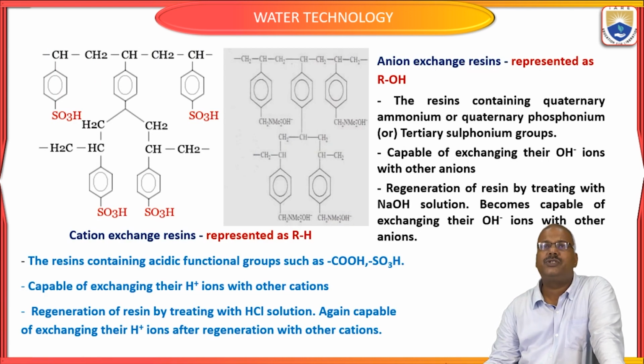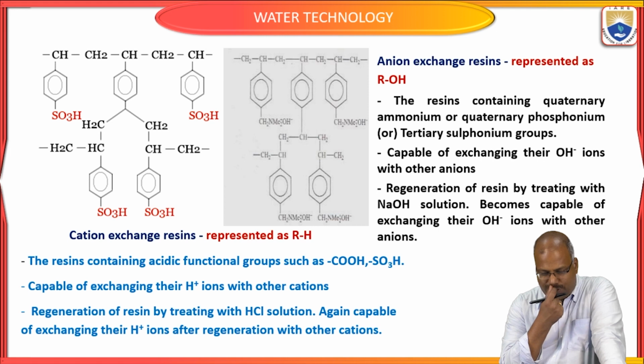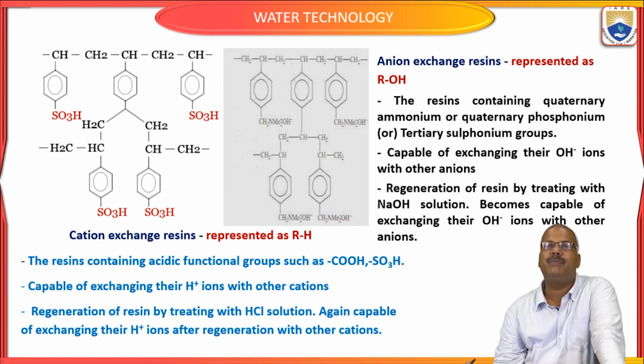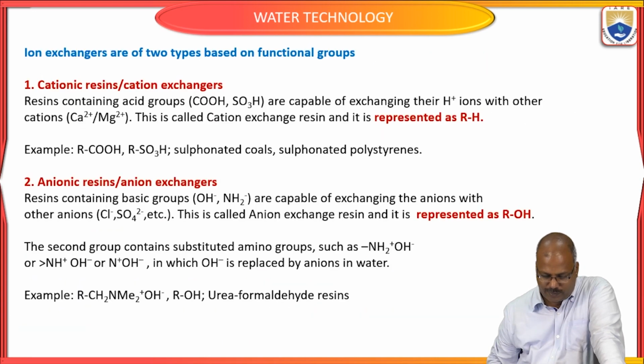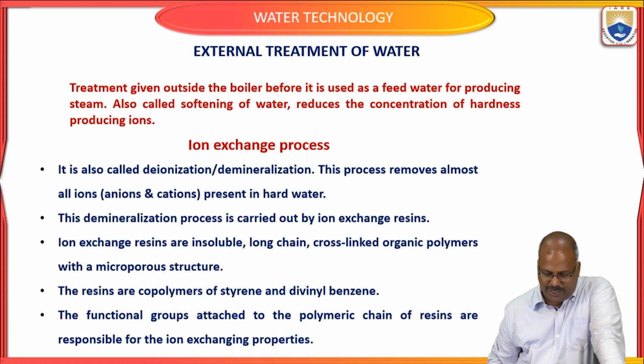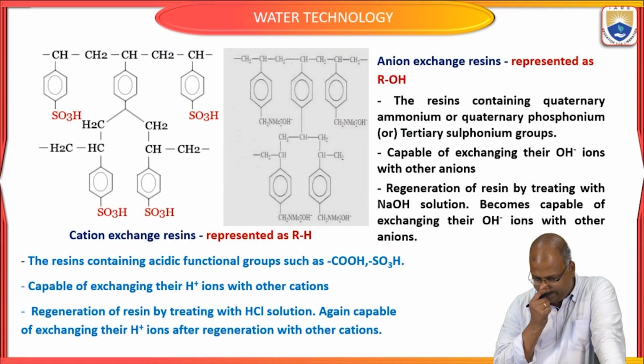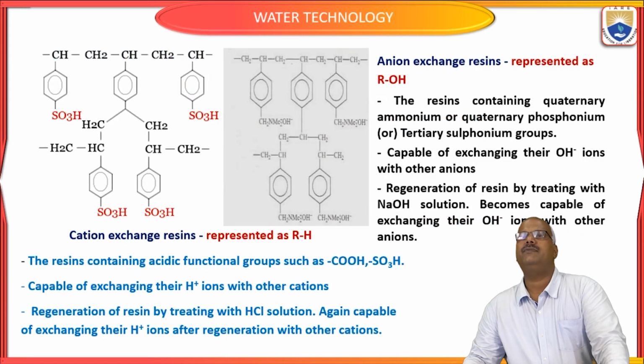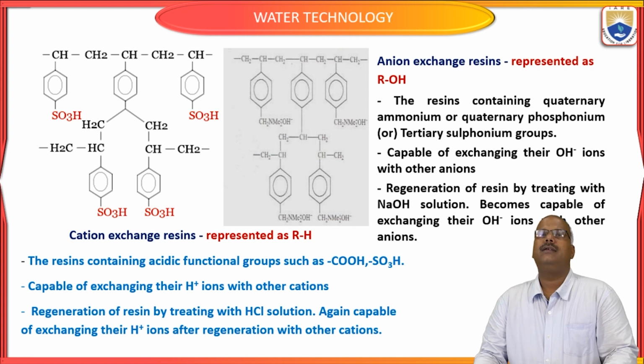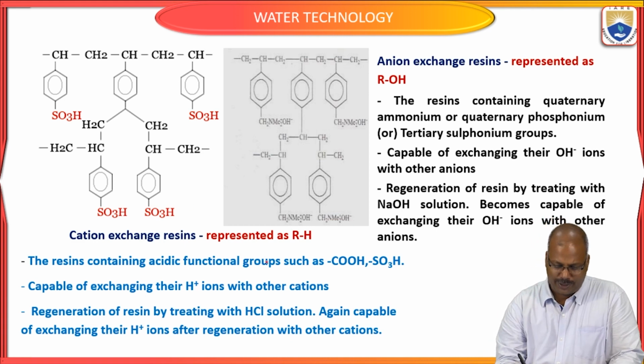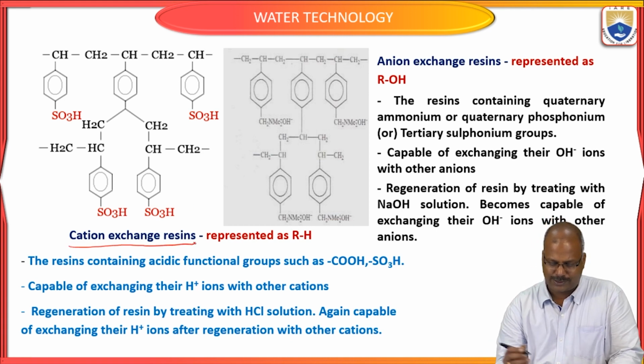So this is the structure composed of polymers of divinyl benzene and styrene, copolymers of styrene and divinyl benzene. This is a cationic exchange resin.